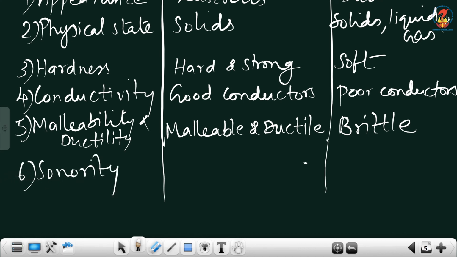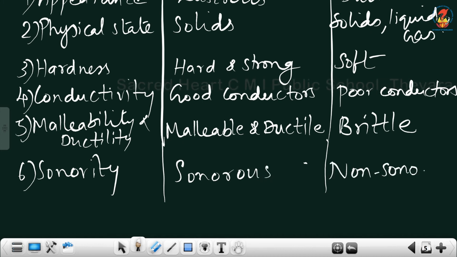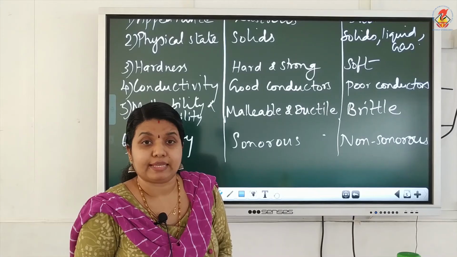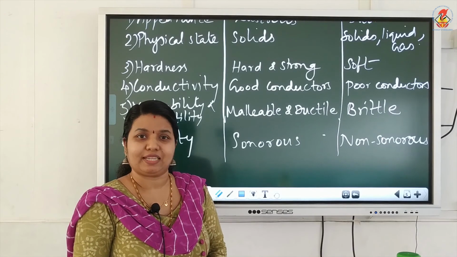Sonority. Metals are sonorous. Non-metals are non-sonorous. So, these are the differences between metals and non-metals on the basis of their physical properties. I hope it is clear to you.